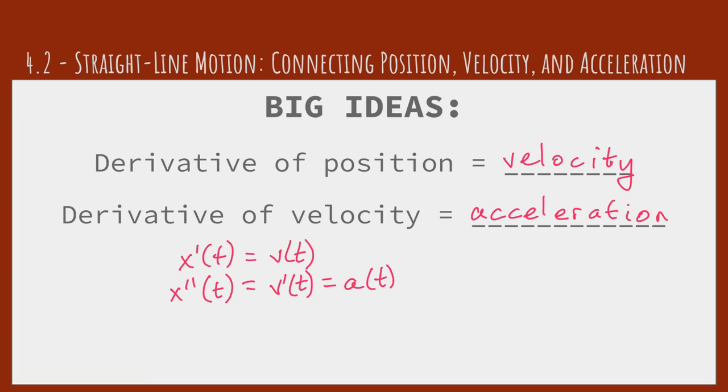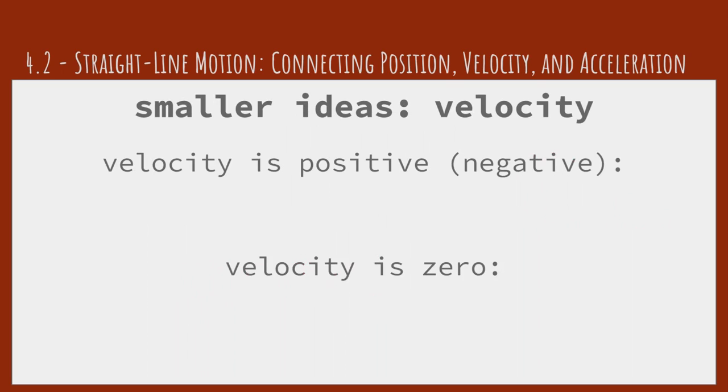And we also need to understand that these instantaneous rates of change can be positive or negative. So if we're talking about velocity, if the velocity is positive, that means that the change in position is positive, and that means that the object is moving in a forward direction.